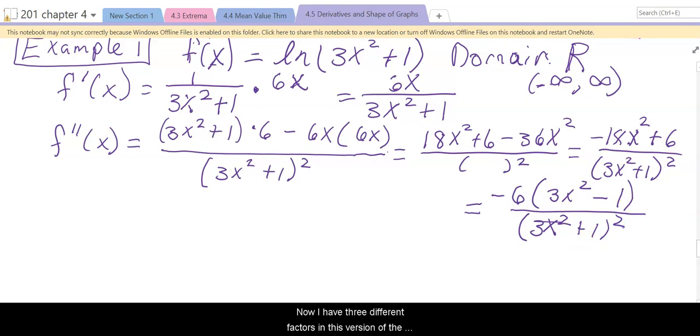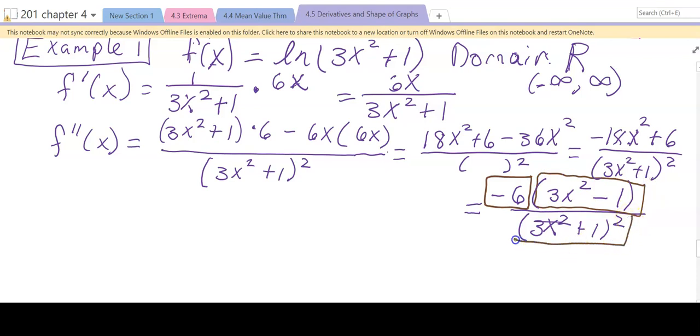Now I have 3 different factors in this version of the second derivative. Let's outline the 3. Negative 6 is one of the factors. The quantity 3x squared minus 1 is a binomial factor, and 3x squared plus 1 is another binomial factor, which is being squared.